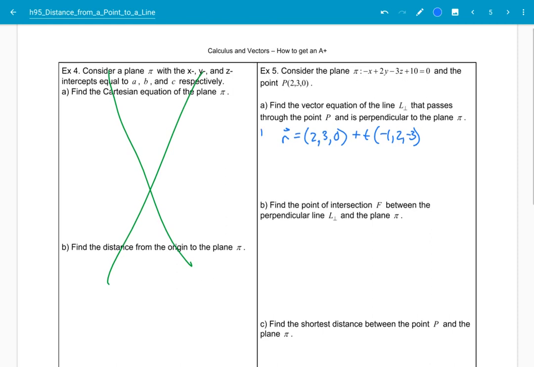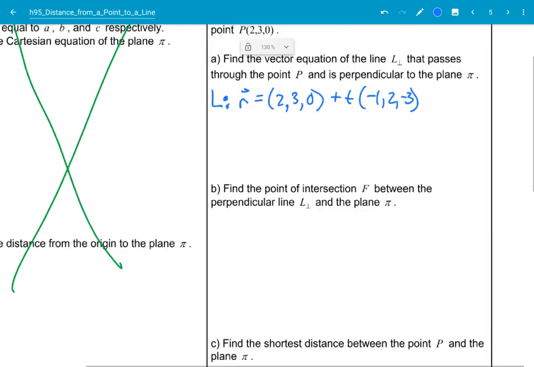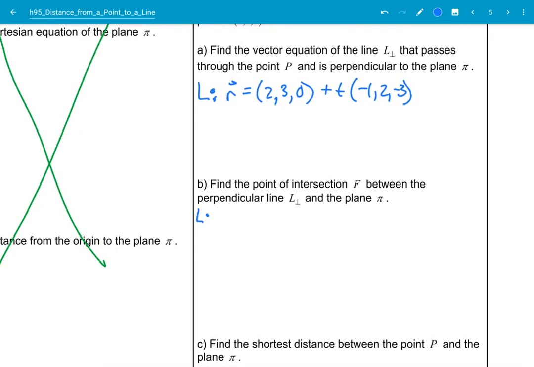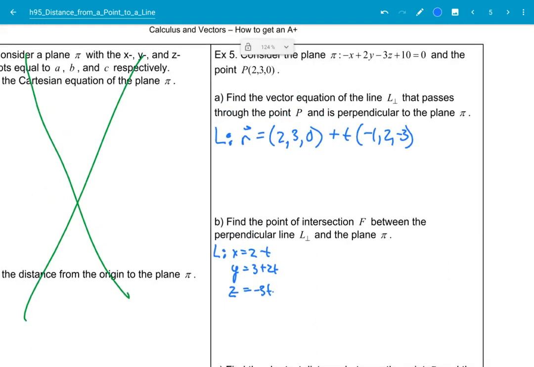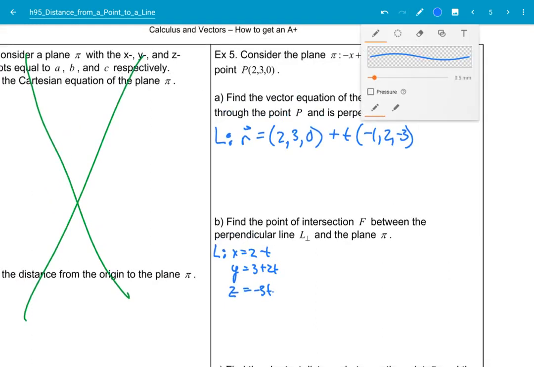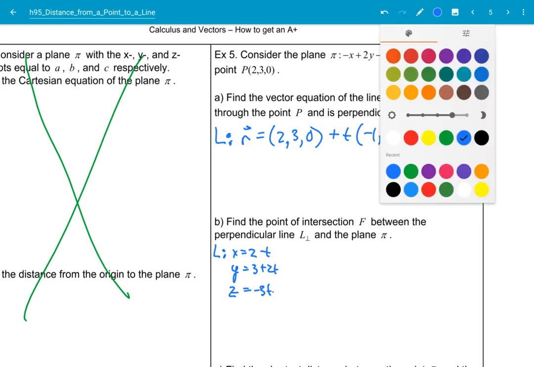So we'll call this the line. Then for the line, just looking at the parametrics, we have for the x, 2 minus t. For the y, we have 3 plus 2t. For the z, we have negative 3t. We're going to plug those into the plane and solve for t, and we'll find the point of intersection. So let's do that.